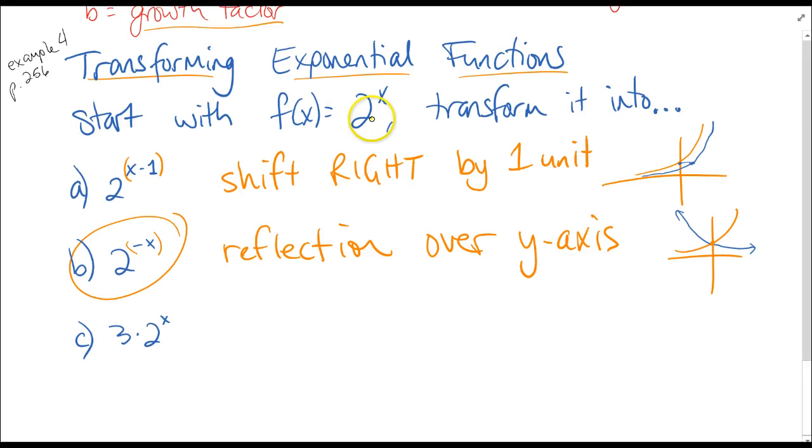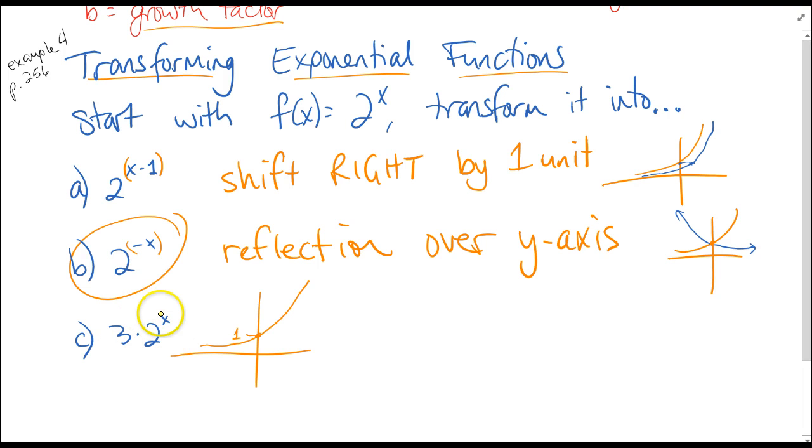Lastly, how can you start with 2 to the x and transform it into 3 times 2 to the x? Thinking about it graphically, our original function comes like this, and the initial value was 1 for that plain old 2 to the x graph. So what happens when I multiply the whole thing by 3?